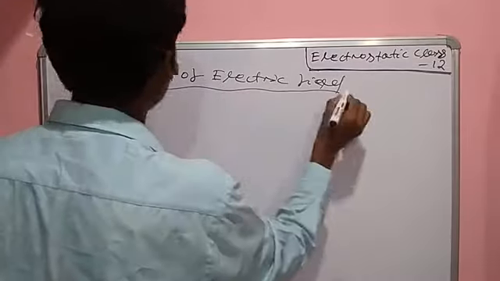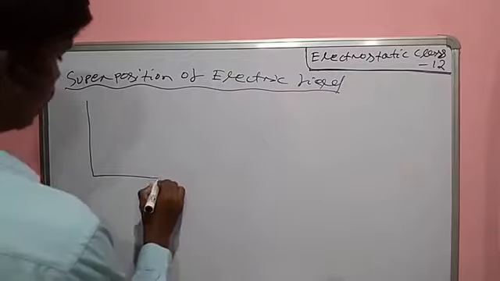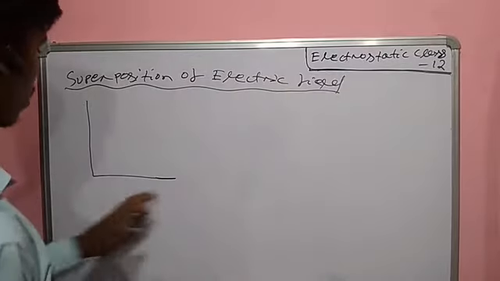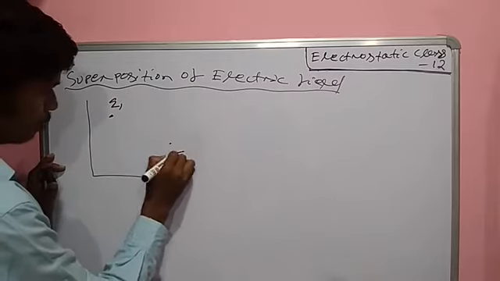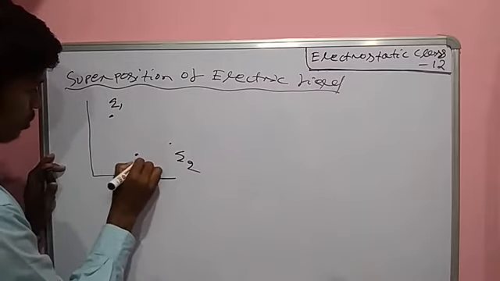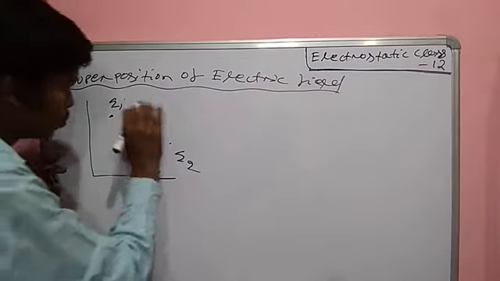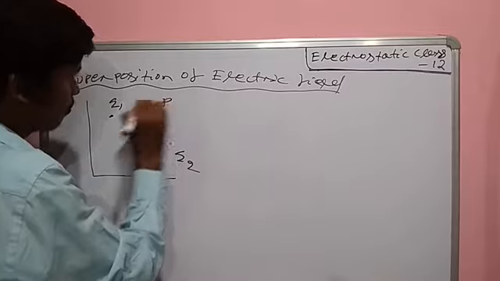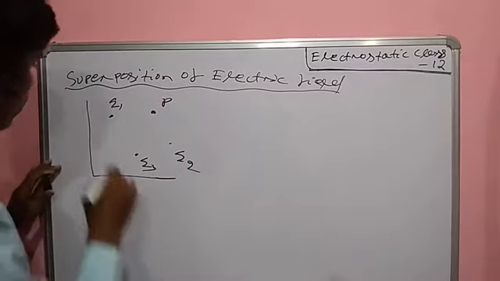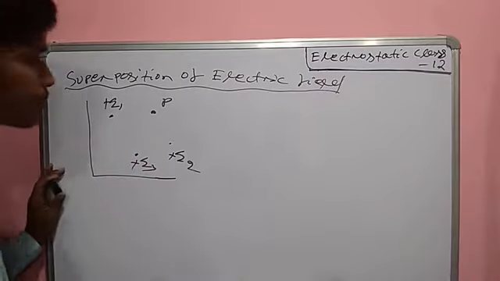Suppose the frame of reference is here. Here suppose Q1 is present, here Q2 is present, here Q3 is present. Yes or no? Suppose we have to choose the point P. Suppose this is a positive charge, this is also a positive charge, all are positive charges.